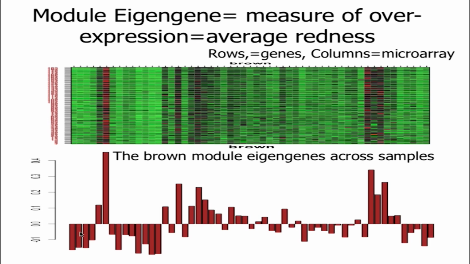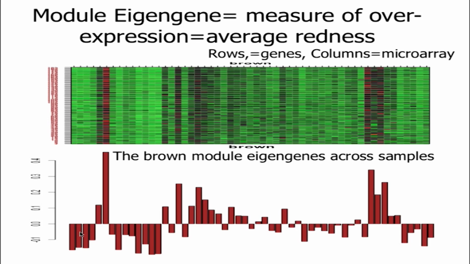And here, the bar plot shows the values of the module eigengene across these different subjects. For example, for this person, where all genes are overexpressed, the module eigengene takes a positive value. It measures overexpression. For these subjects, where all the genes are underexpressed, the module eigengene takes negative values, right? And so in this sense, the module eigengene really captures the pattern that you see here, you know.